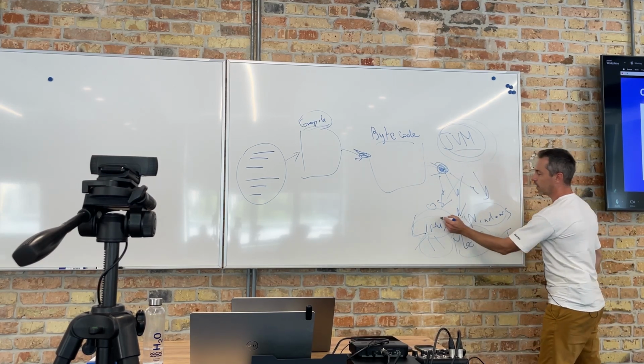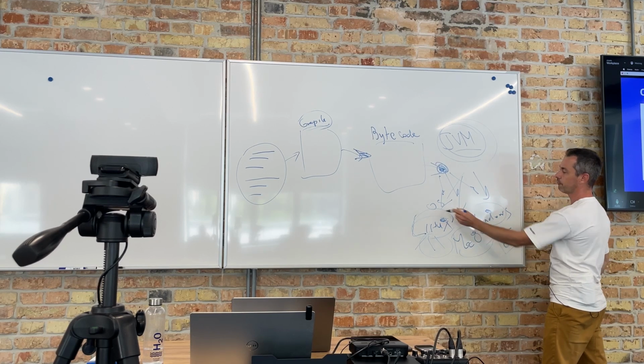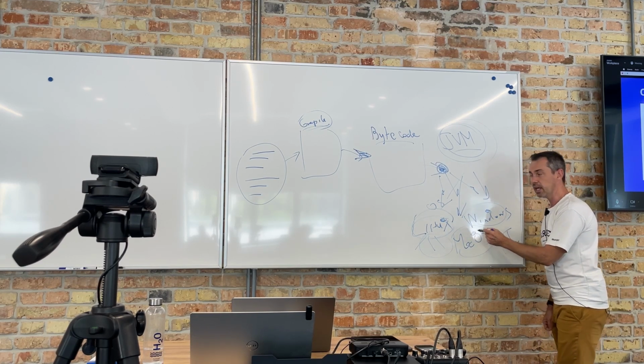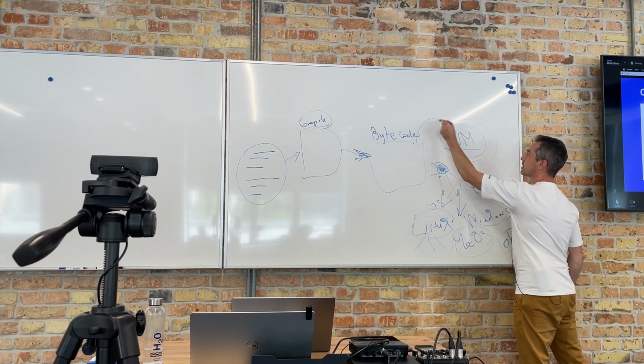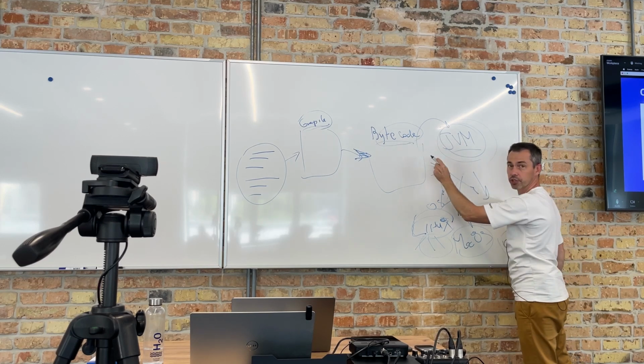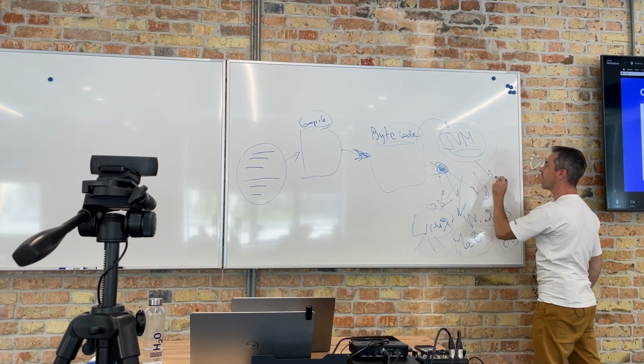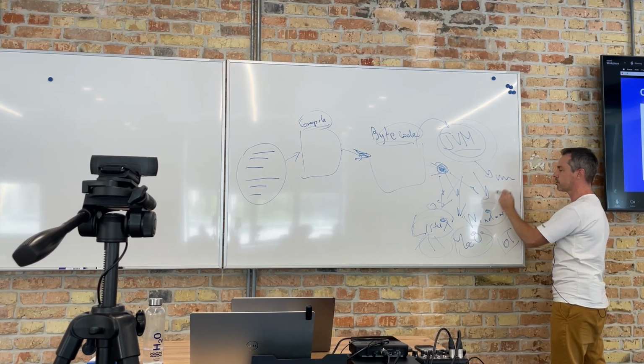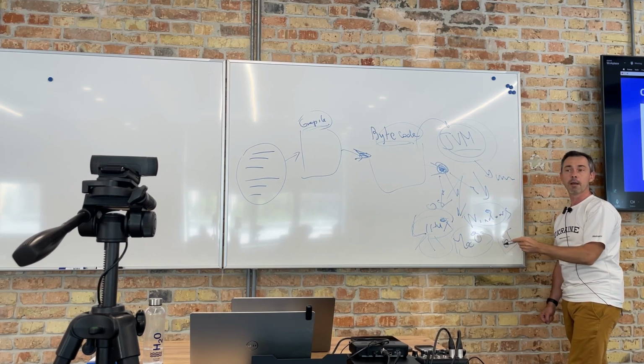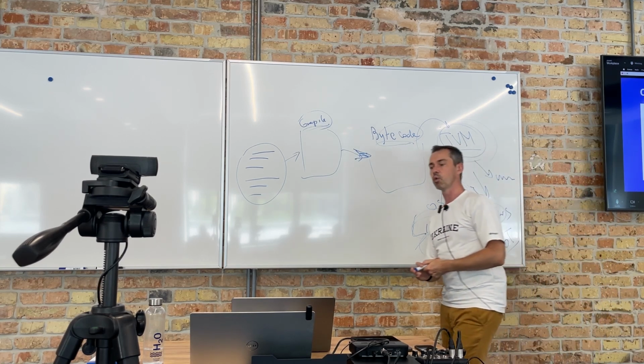Why? Because on every one of these systems we have a virtual machine. This virtual machine accepts bytecode, not machine code, and translates that into machine code for the processors and operating systems.